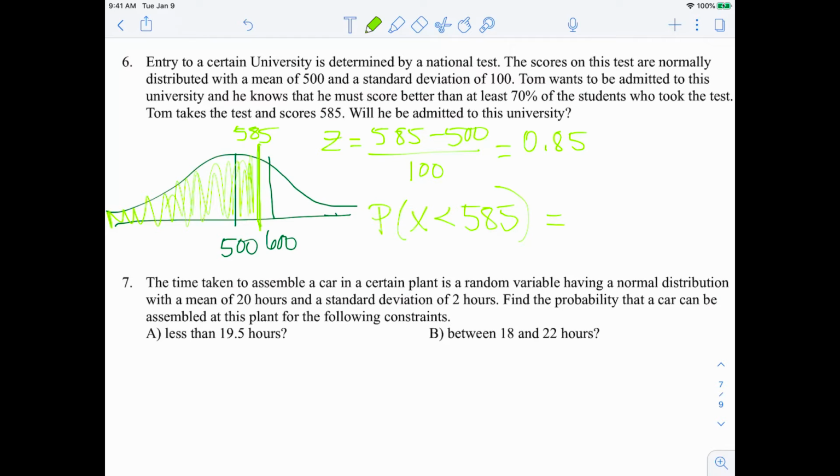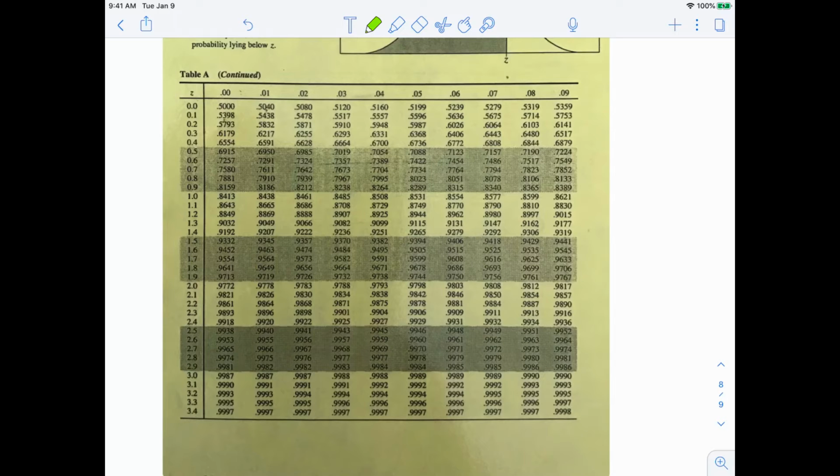Because I've calculated my z-score, X being less than 585 is the same as your z-score being less than 0.85. So I can use that, and I'm going to go ahead and use the table just because I have it right here. So 0.85, I go to 0.805, and I find where they overlap right here, and it's 0.8023.